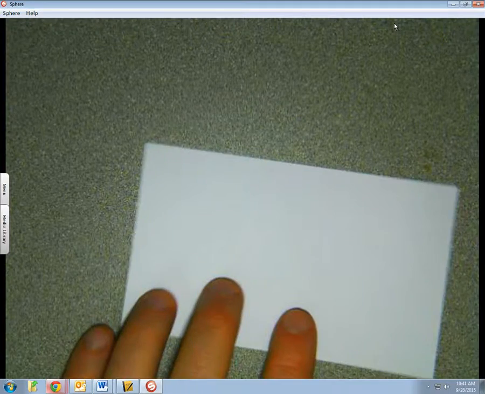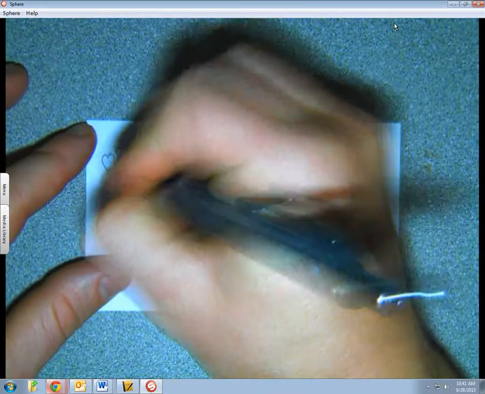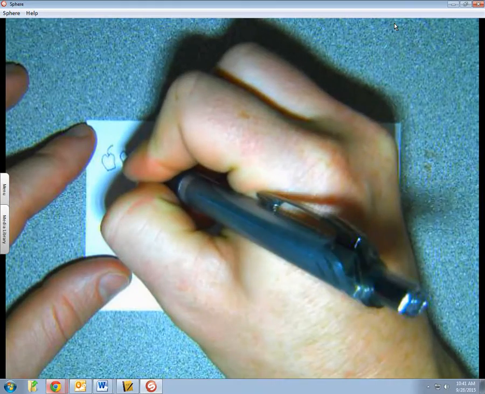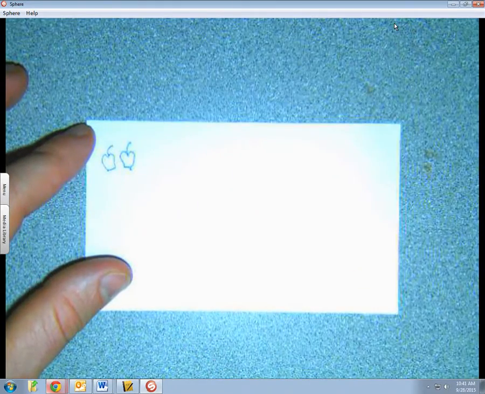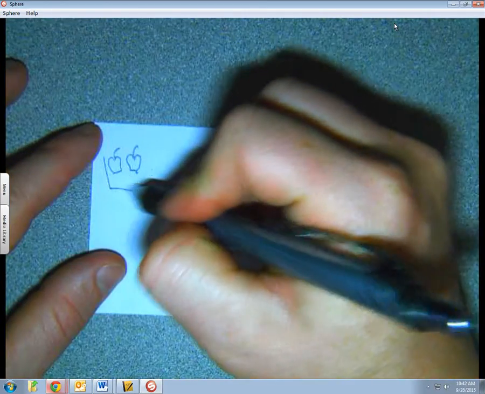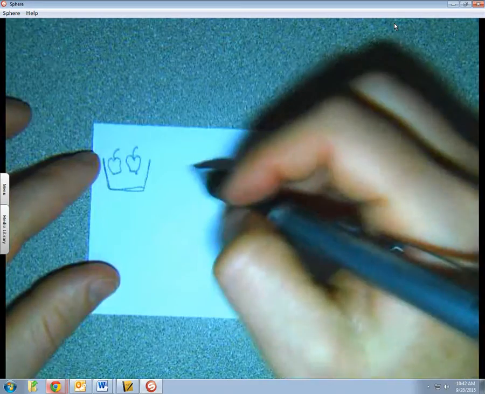So I guess as simple as I can make this is with apples. There's an apple, kind of like a heart. There's apples there in a basket. Here's another basket.